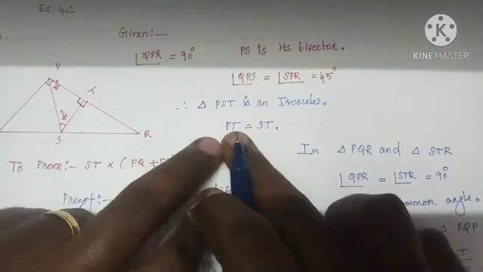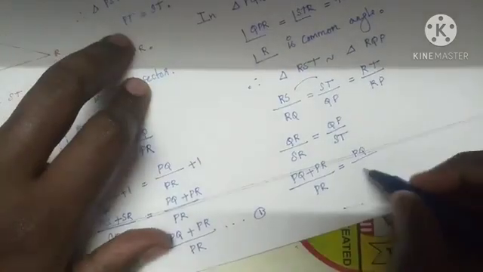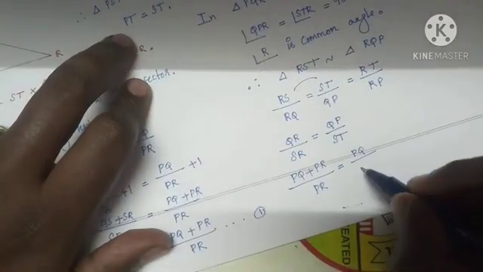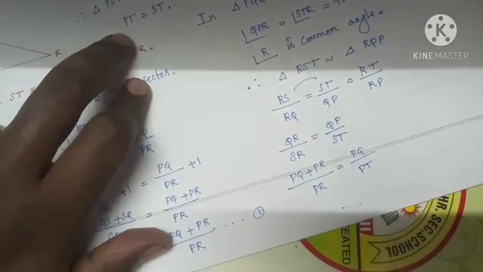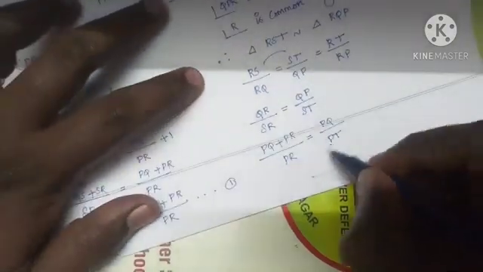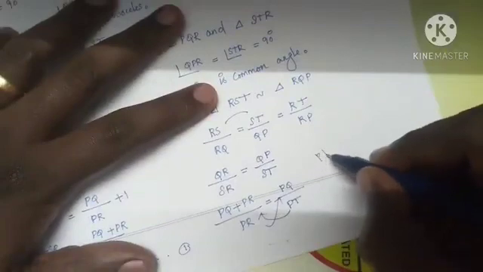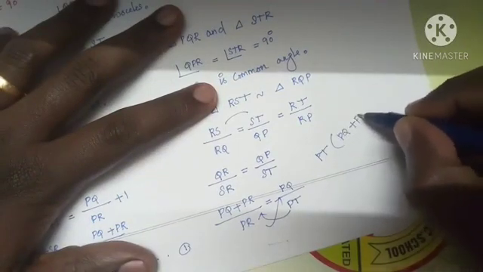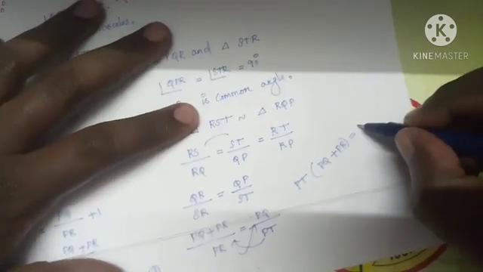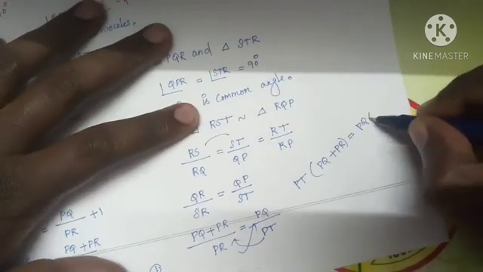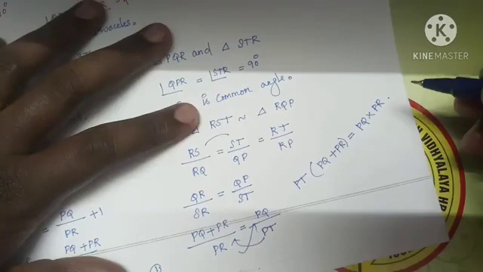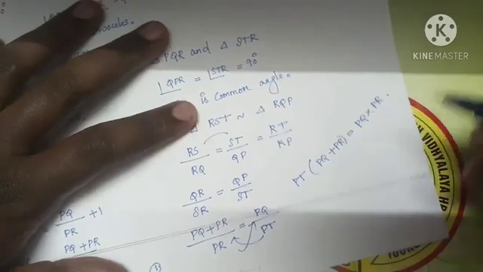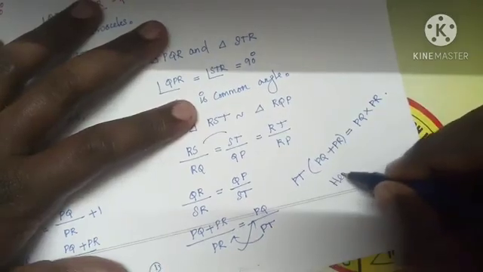ST is equal to PT, so replace ST by PT. If you do cross multiplication, you get PT into PQ plus PR is equal to PQ into PR. This is the required result, hence it is proved.